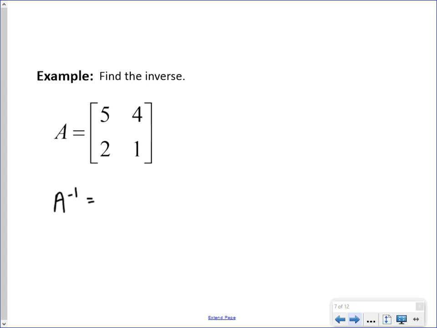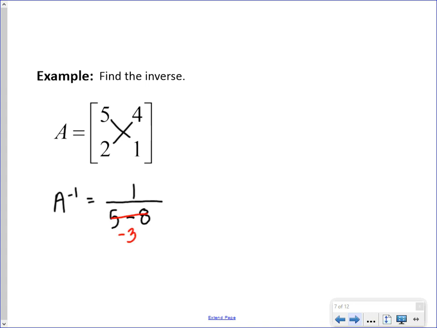The first piece of that formula is 1 over the difference of the products of the diagonals. So AD would be 5 times 1, or 5. BC would be 4 times 2, or 8. And so that's really 1 over negative 3, right?